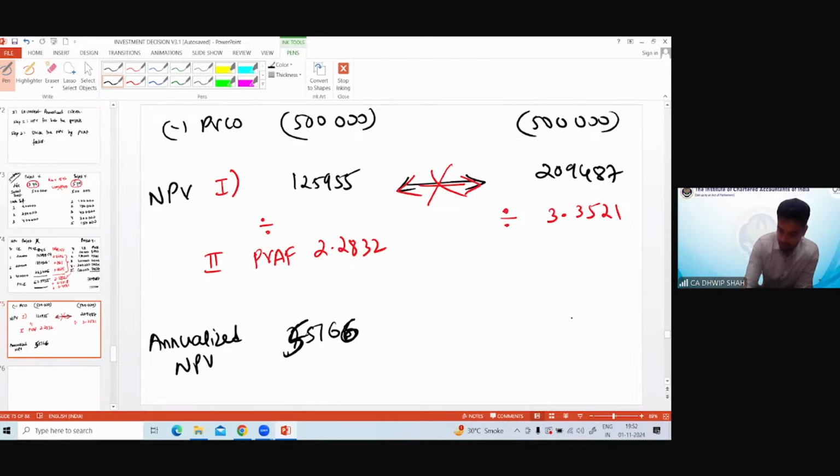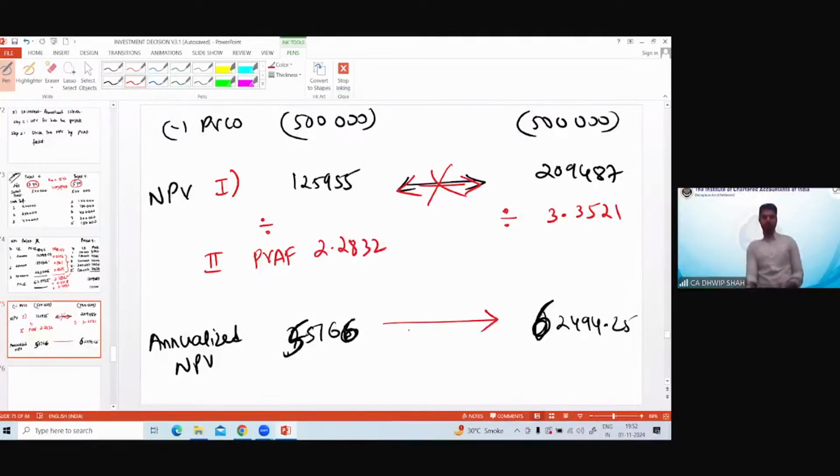What is the first number? 6. Okay. 62,494.25 and now it is comparable. This is what equivalent annualized criteria says. Now you compare. As per equivalent annualized criteria, project Y should be selected.